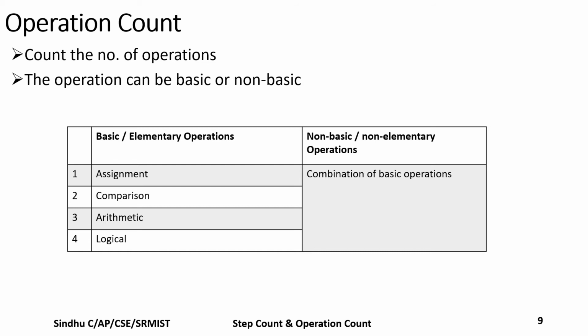It can be a normal assignment statement or a comparison statement, or one which involves some basic arithmetic operation or logical operation, and so on. And if there is a combination of some basic operations, then you call it a non-basic operation or non-elementary operation.